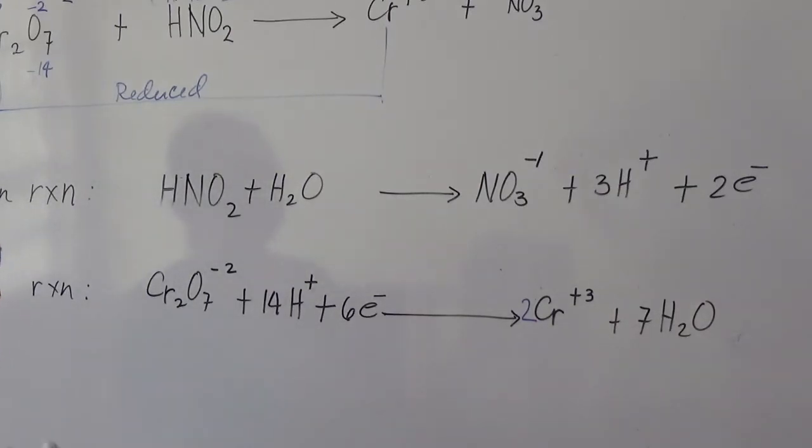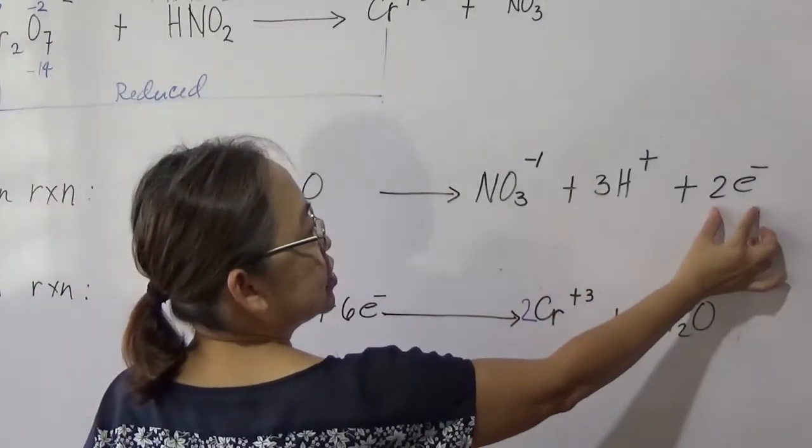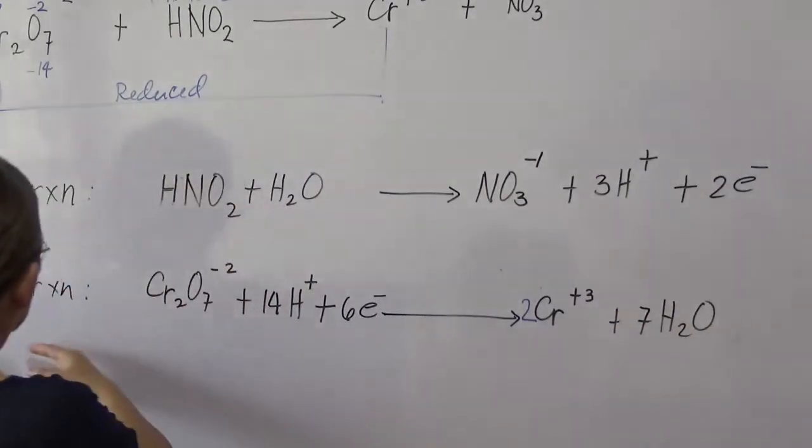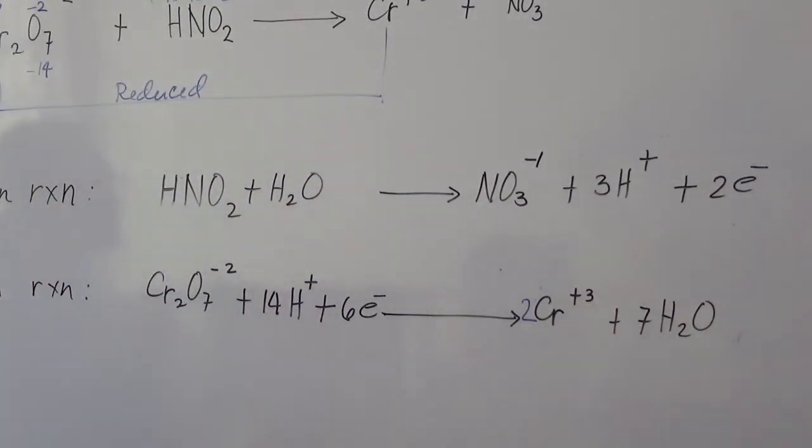Next is, once you have balanced the electrons, the next thing that you're going to do is make the number of electrons in the two half reactions the same. Okay? Under oxidation reaction, you have 2 electrons. Under reduction reaction, 6 electrons. They must have the same number of electrons.